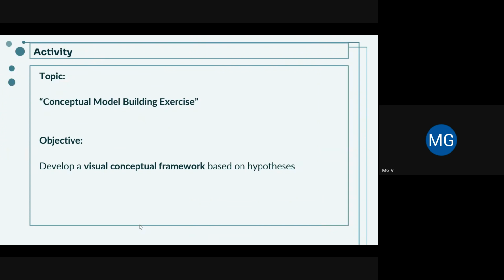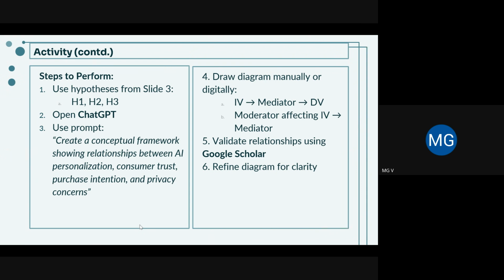Now, activity time: conceptual model building exercise. That is, we need to develop a visual conceptual framework based on hypothesis. For this, we can use the hypotheses we have already defined in the previous section. Then we can open ChatGPT and make use of the prompt: create a conceptual framework showing relationships between AI personalization, consumer trust, purchase intention, and privacy concerns.